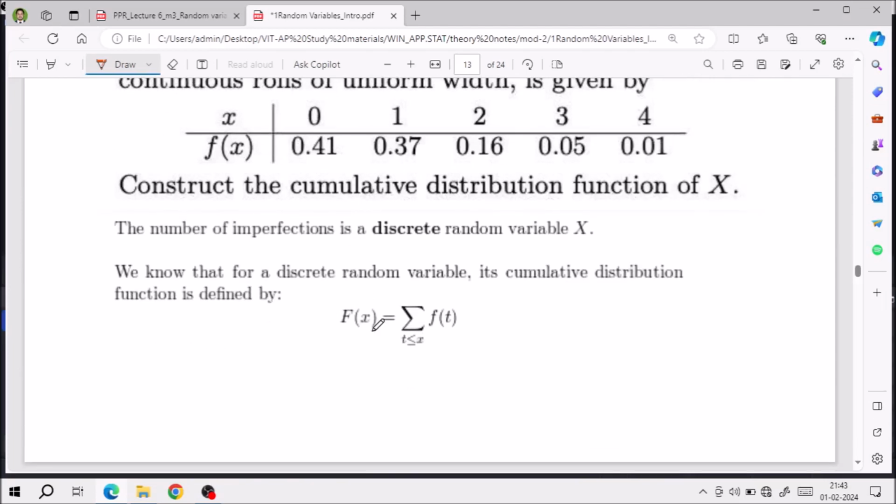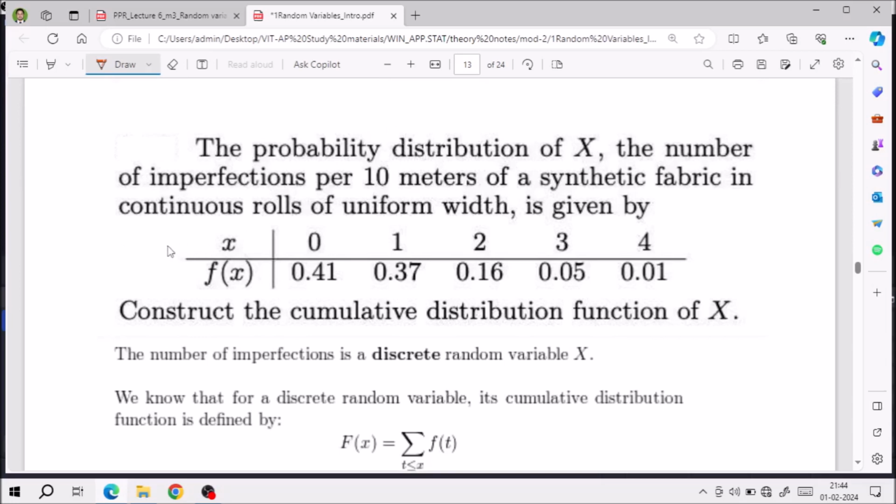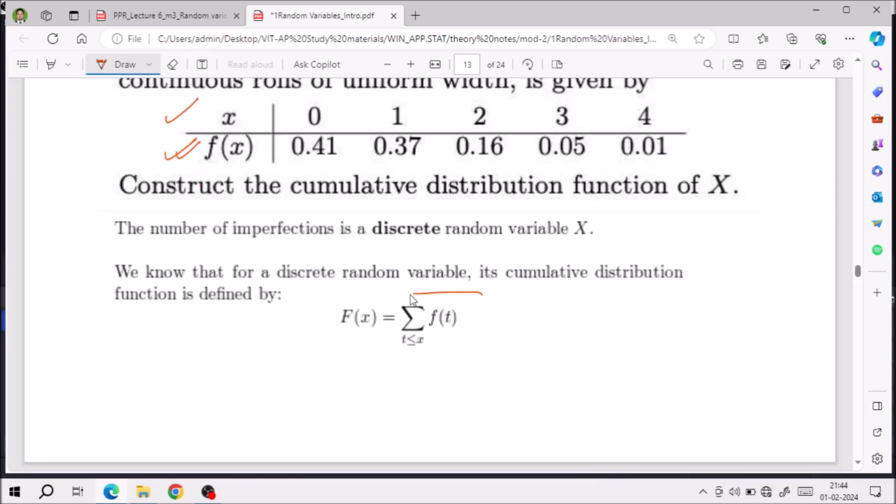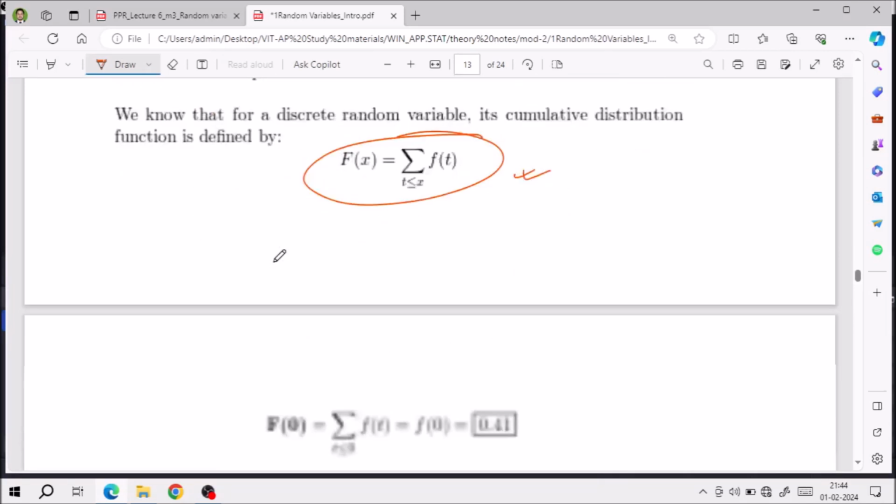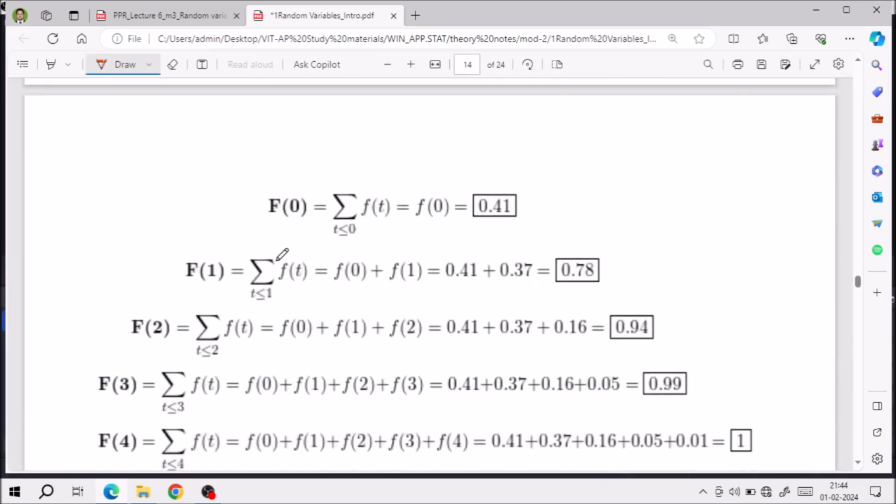Now here one table is given to you, with x and the corresponding probability. Find the cumulative distribution function, that is, capital F of x. This is the formula. What is the process? Just follow it. You need to find F of 0, 1, 2, 3 up to 4. So F of 0, put the value.